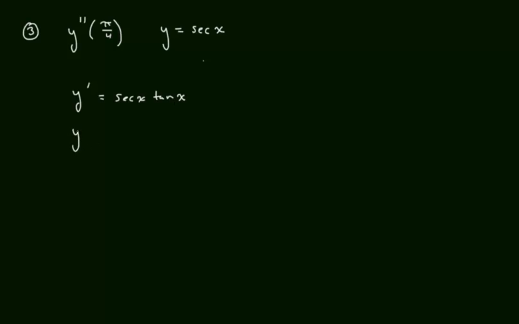Next, we're going to find the second derivative of y, and we have to use the product rule. First term times the derivative of the second, and the derivative of the second, the derivative of tangent, is secant squared of x, plus second term, tangent of x, times the derivative of the first, which is the derivative of secant, which we know is secant x tangent x.